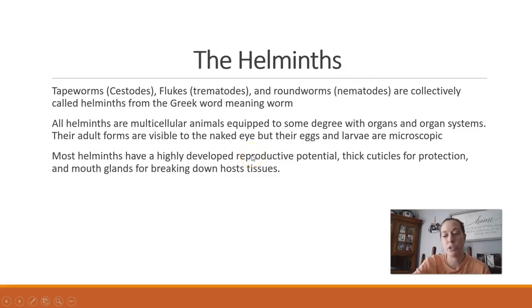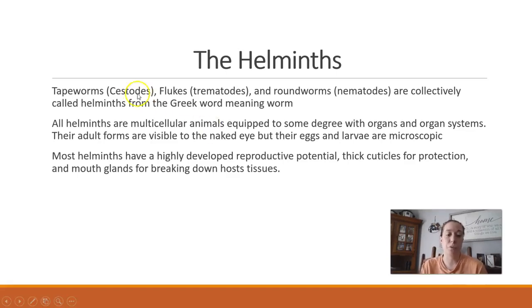All right, on to the helminths. We've got different things there like tapeworms, flukes, roundworms. They have those names due to the Greek word meaning worm. All helminths are multicellular animals equipped to some degree with organs and organ systems.